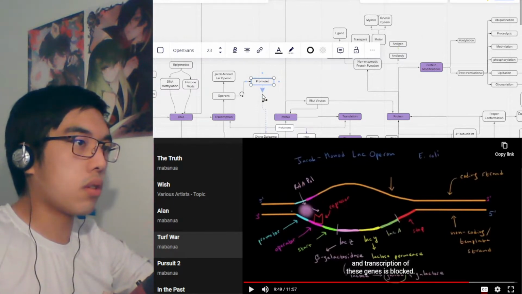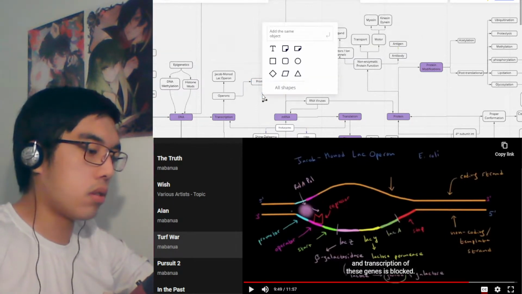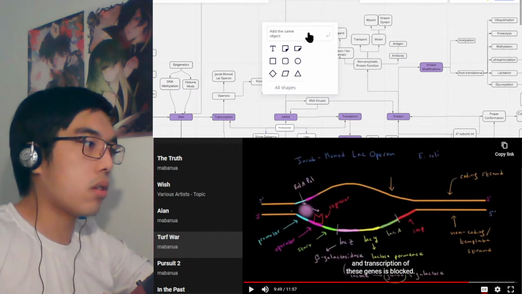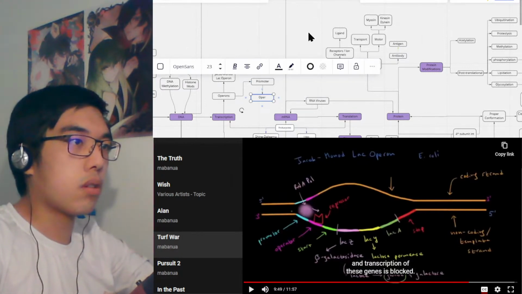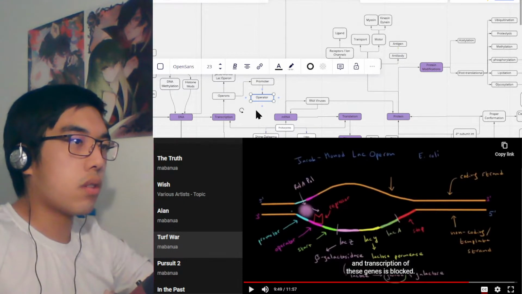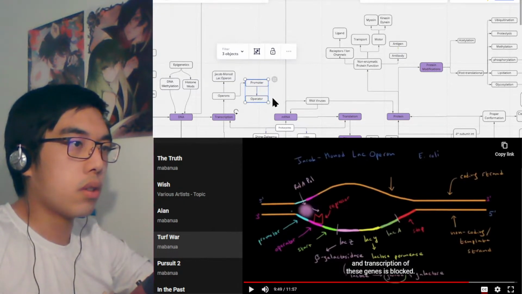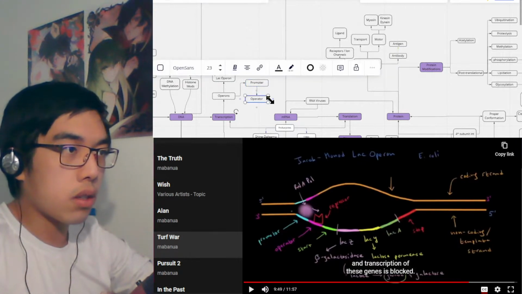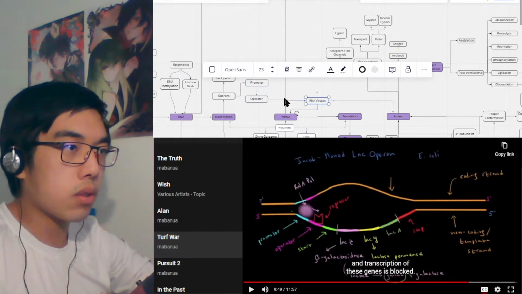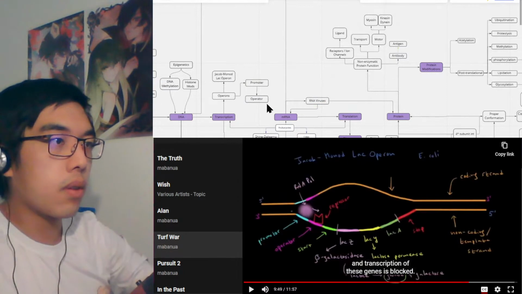Next comes the operator. And the repressor sticks out from the operator, because it is the thing that determines all the stuff that happens.